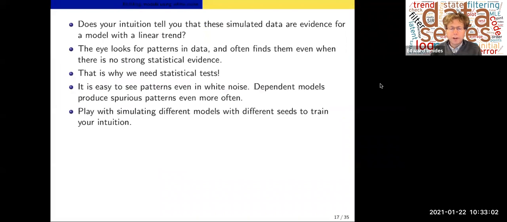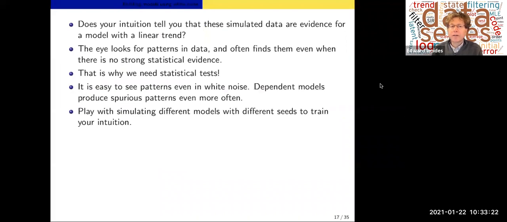Does your intuition tell you these simulated data are evidence for a model with a linear trend? Mine would if I looked at that. And the eye looks for patterns in data, often finds them even when there's no strong statistical evidence. That's one of the main reasons we're doing tests. It's easy to see patterns in white noise.